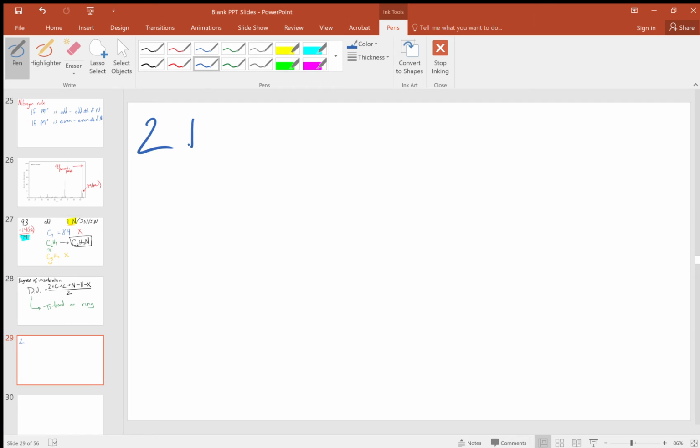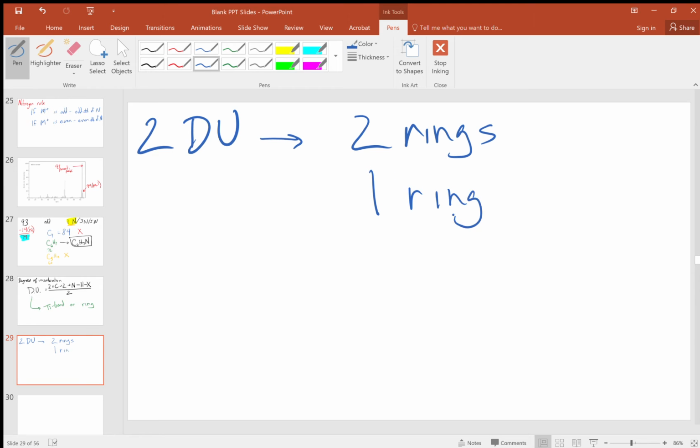If a molecule has 2 degrees of unsaturation, then it could have 2 rings. It could have 1 ring and 1 pi bond, or it could have 2 pi bonds.